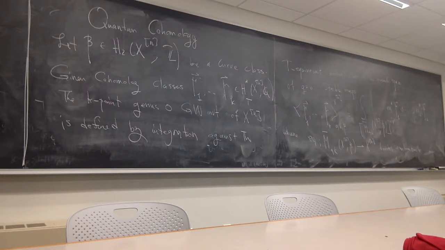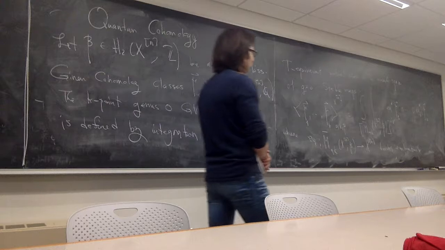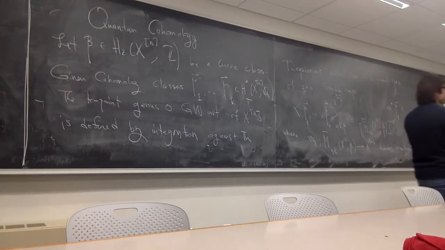So this is a tiny bit different type of evaluation map than we saw before. Right. Just confused. Are those the same map? The EV1, EV2, EVn, those are the same evaluation map. You pick up different marked points. Different marked points, right? Okay.